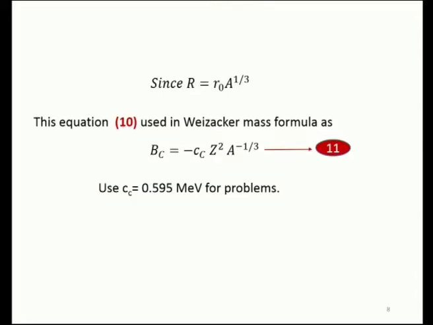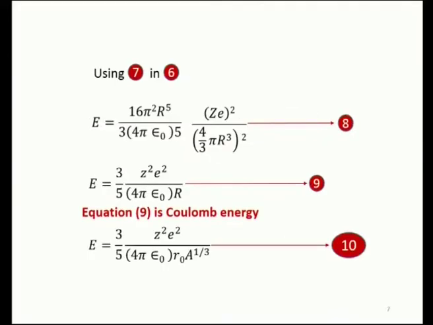Now we will go back to the previous equation. Equations 10 and 11 are very similar. Take equation 10: there we get 3 by 5, 4 pi epsilon 0, e squared, R naught, all of them constants. So I can write the energy E as some constant times Z squared, and if you take A to the numerator, A to the power minus 1 by 3.